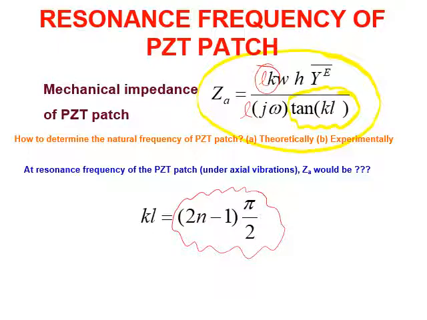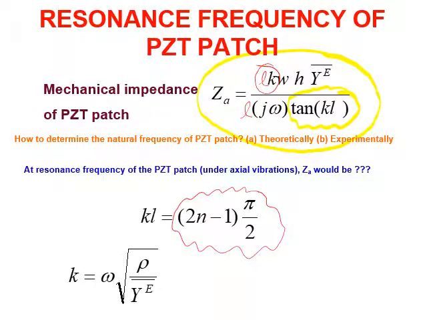So when this angle is a multiple of pi by 2, under those circumstances we have this term tending to infinity. That means the mechanical impedance tends to 0.